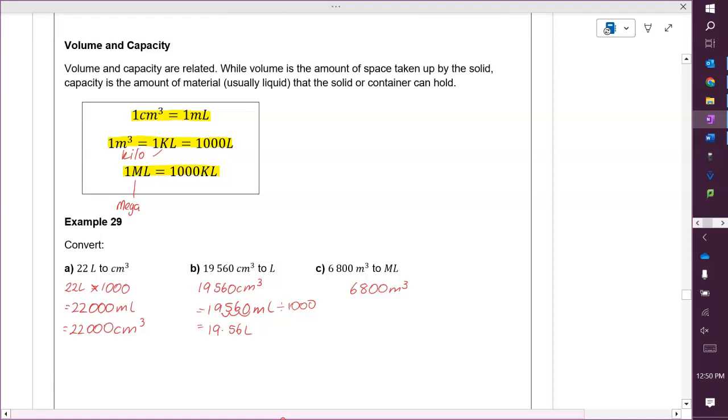So I need to look at this and think, well, 1 metre cubed is the same as 1 kilolitre, and I have 6,800 metres cubed, so that's the same as 6,800 kilolitres. So then if I've got that and turning that into our megalitres, we are going to divide it by 1,000. So it's going to give us 6.8 megalitres. So that's the volume and capacity in those conversions.